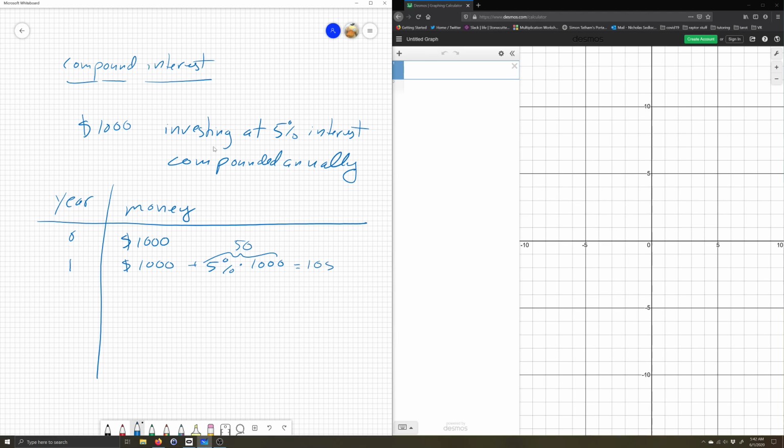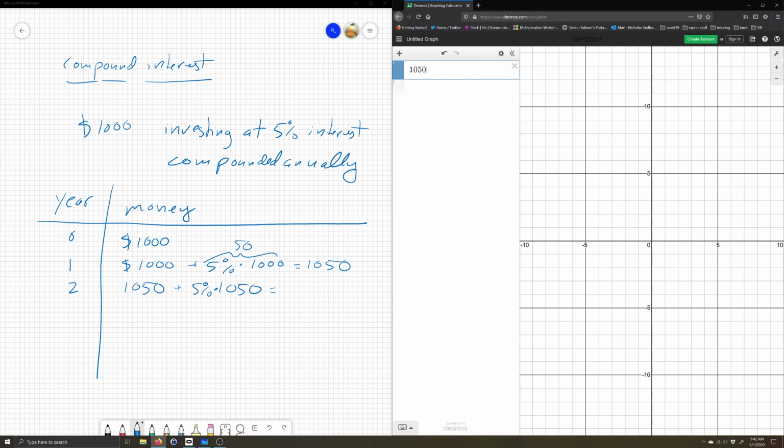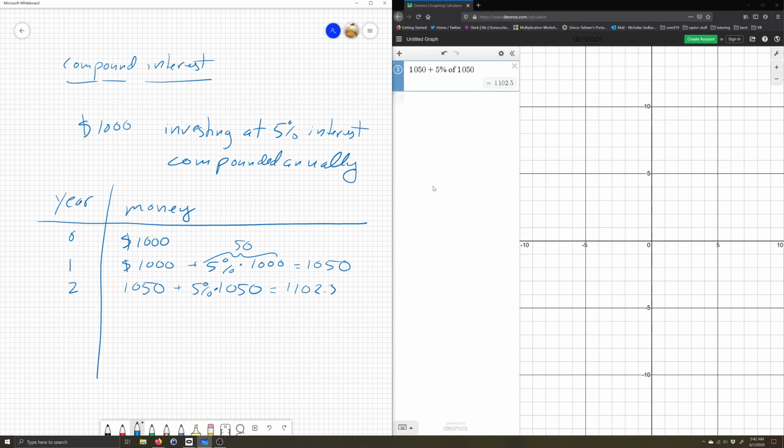So then you get $1,050. But then in the second year, you have that $1,050, and then you add 5% of the $1,050. And that is $1,102.50.